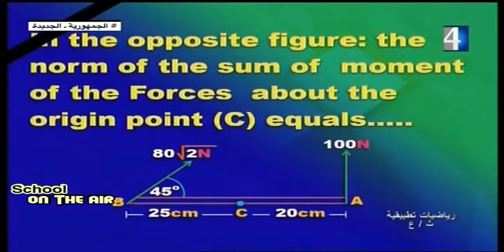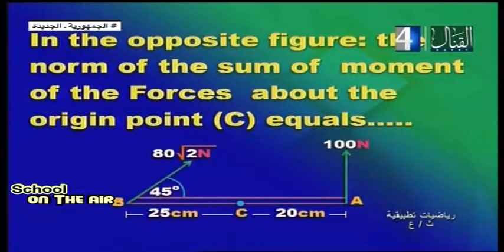Look, my dear student, at the opposite figure. What is the norm of the sum of moments of the forces about the origin point C? Remember, before we choose the correct answer, we have two forces. The first force, 80 root 2 newtons, is inclined with the horizontal BA at 45 degrees, and the second force, 100 newtons, is perpendicular to AB.